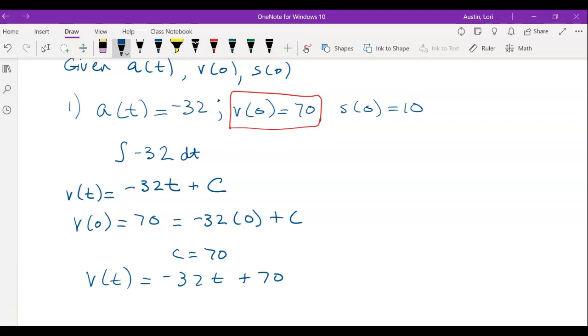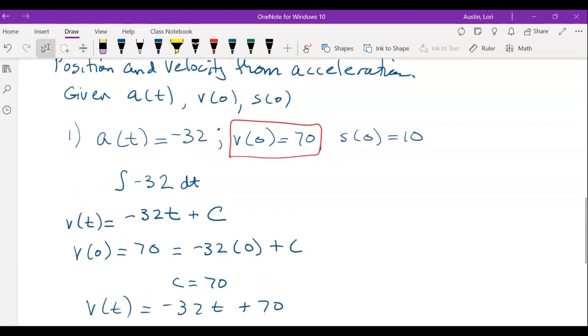Lucy? Say that again? Where's the DT? Oh, the DT is just telling us what variable we're integrating with respect to.